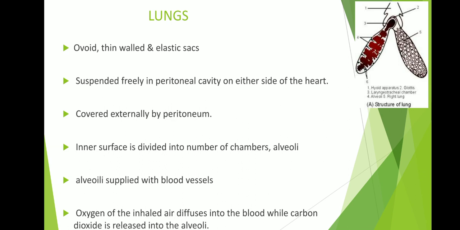That is the mechanism taking place there. The oxygen in the inhaled air is absorbed into the blood, and carbon dioxide is released into the air in the alveoli. So gaseous exchange is taking place between air and alveoli. So that's why we are calling this alveoli as our structural and functional unit of lungs. Thank you.